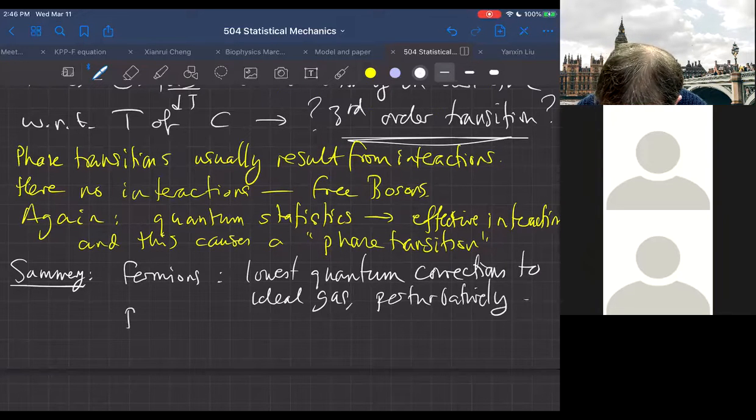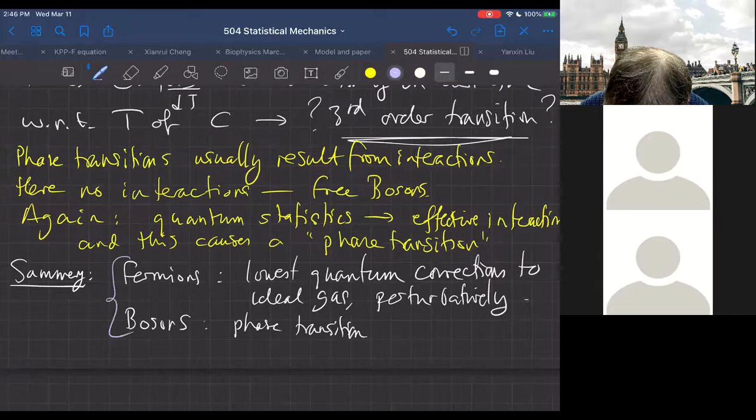And then what we just did for bosons was we showed that there's actually a phase transition. And in both of these cases, these are due to quantum statistics.